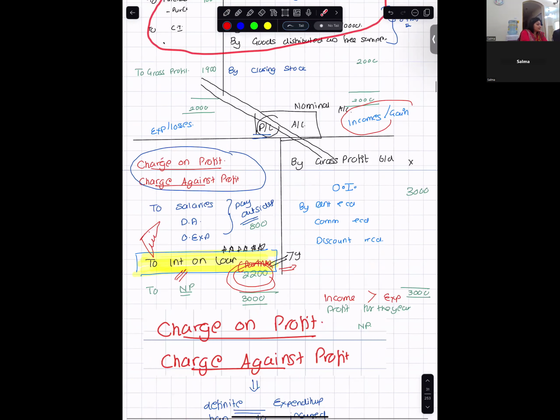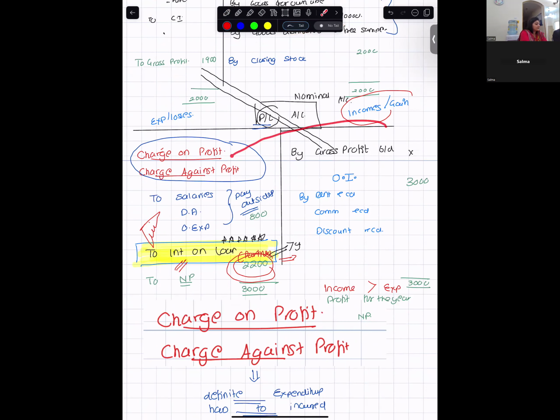Next statement that you made is what? From the profit and loss account, what have you derived? Profit for the year. On the debit side of the profit and loss account, you had what? Charge on profit. That means the expenses that are given to outsiders.